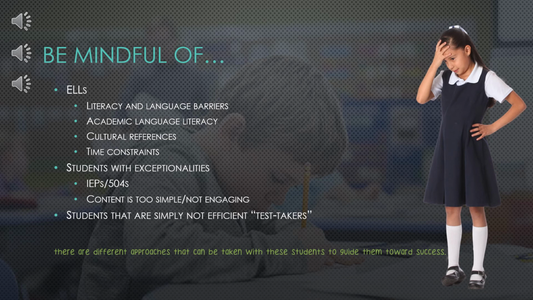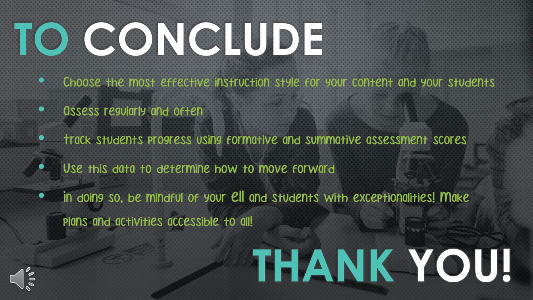And then on the other end of that are students that are struggling to keep up with the content. The test results of these students, and even the ones that are just not efficient test takers, often reflect issues that have little to do with the content and more to do with their personal challenges.